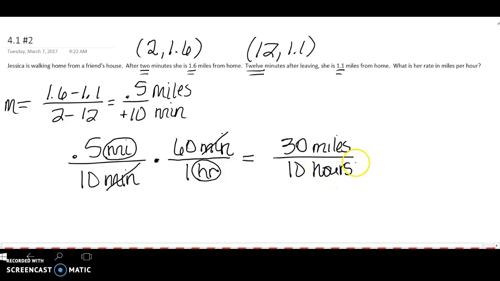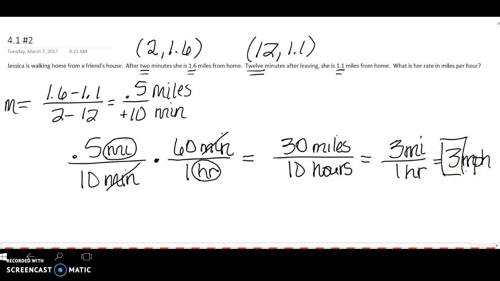That'd be a pretty fast walk there. And when I simplify this, 30 over 10, that is 3 miles per 1 hour. We more commonly write this as miles per hour, mph. So it looks like it's 3 miles per hour.